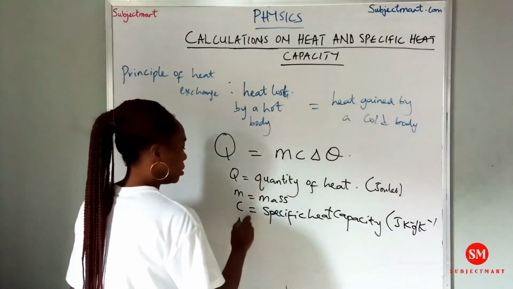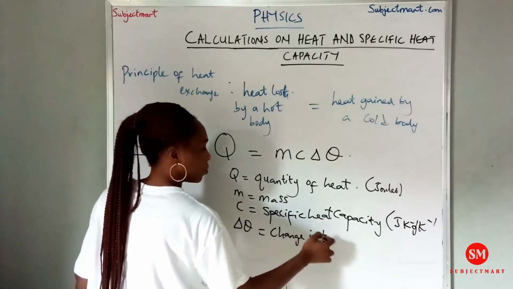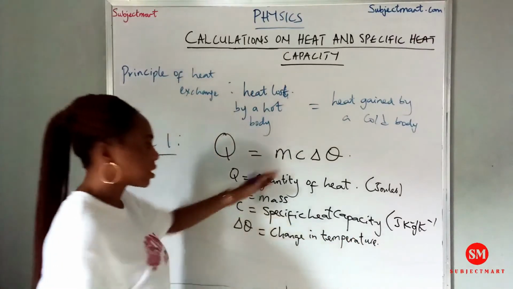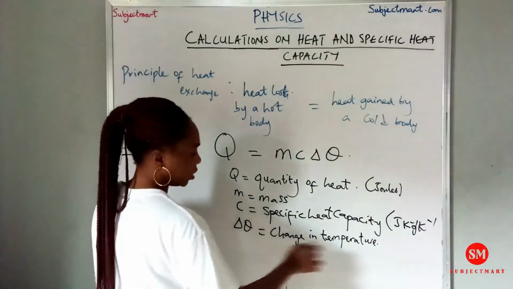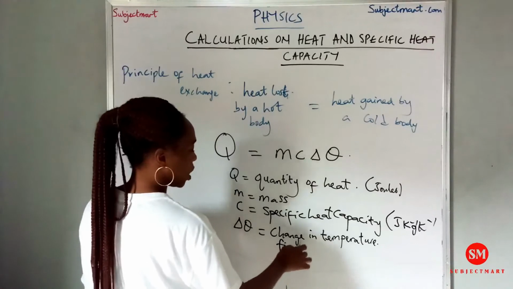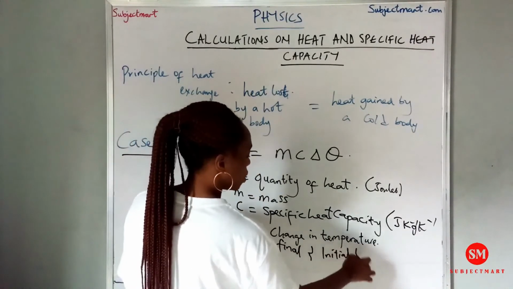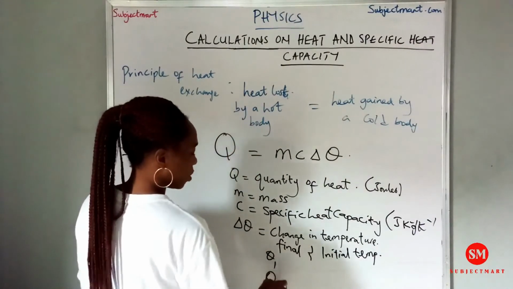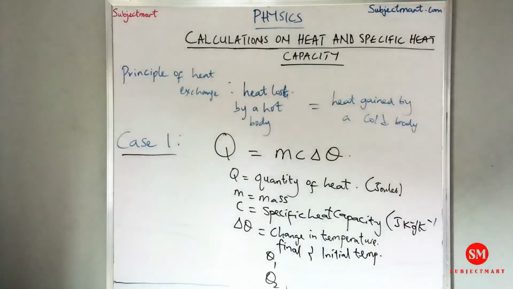Then delta theta is equal to change in temperature. In this case, usually you'll be given two temperatures, final and initial, which can be written as theta 1 and theta 2. I want to believe that is very explanatory.